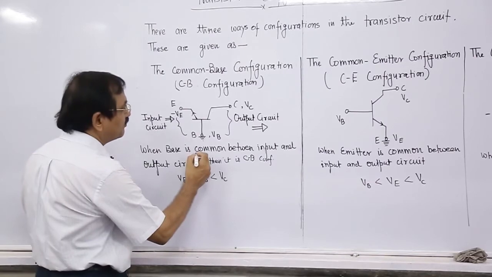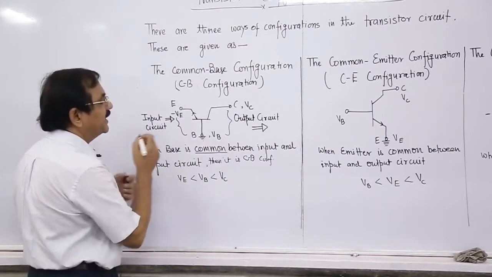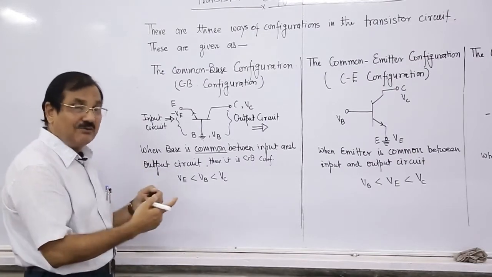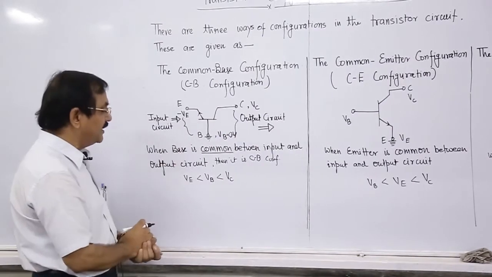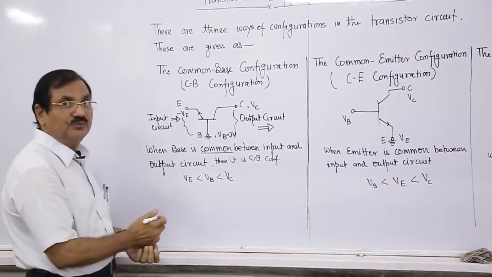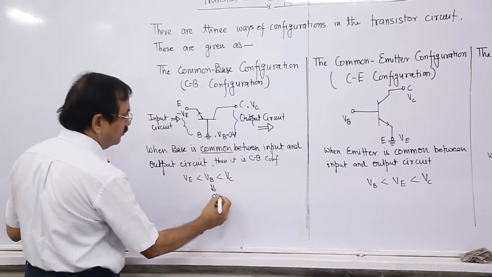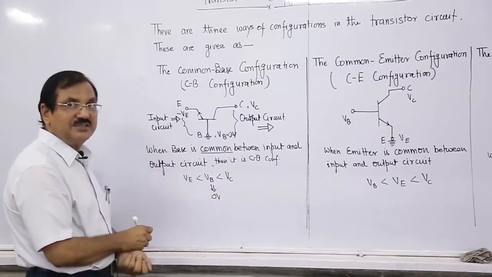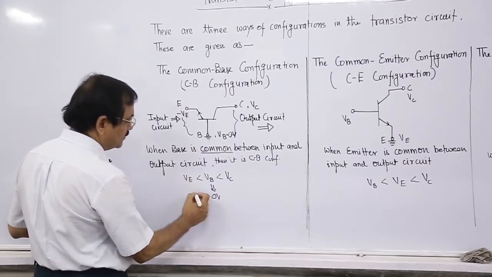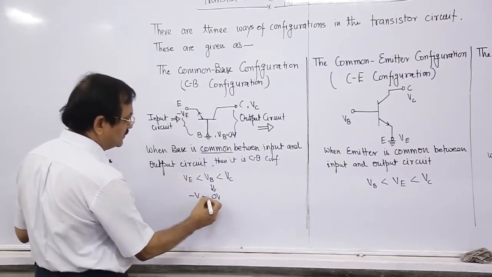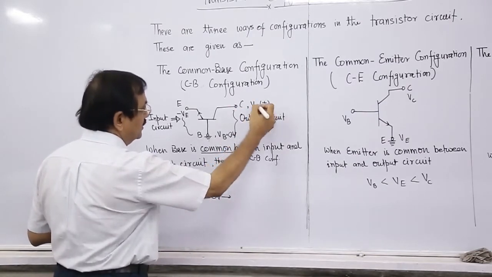The common terminal is supposed to be grounded, and when it is grounded, it is termed as 0 volt. So, this grounded base is 0 volt, the emitter is minus volt, and the collector is plus volt.